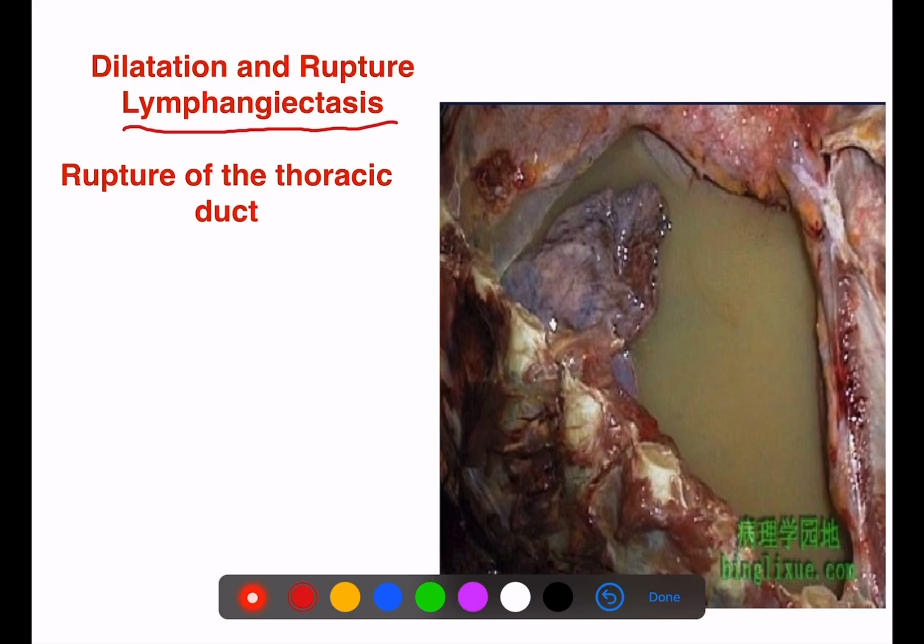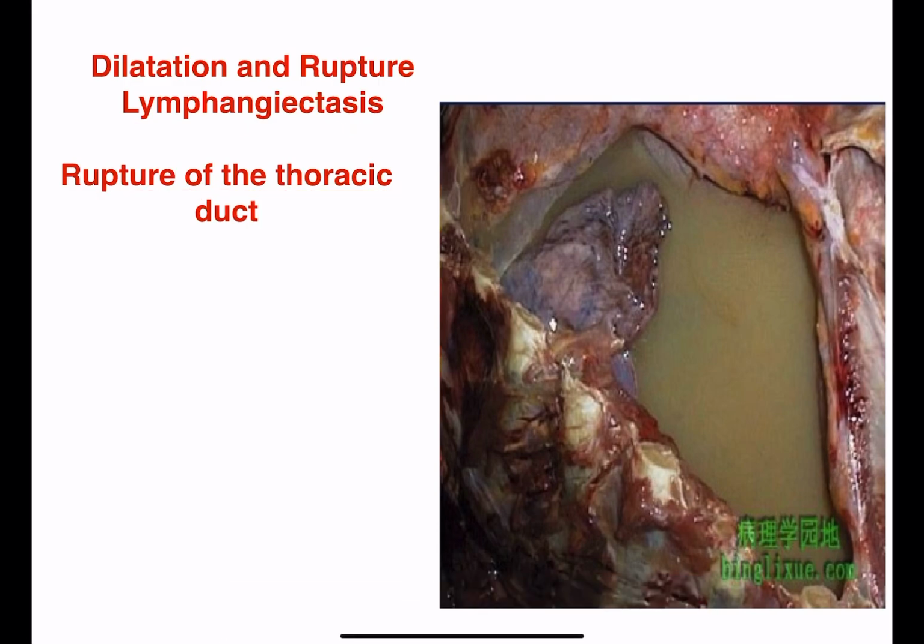This leads to rupture of the vessel into the surrounding region, like rupture of the thoracic duct, and as we know it's called chylocele. At this point the lecture ends, and I thank you for listening.